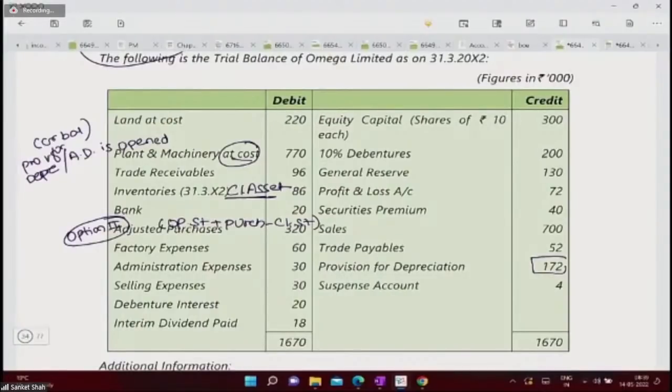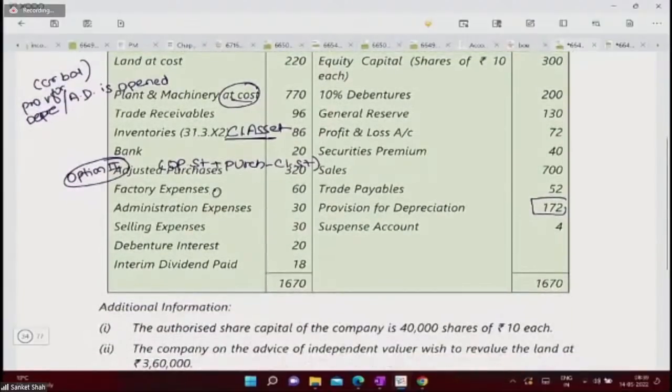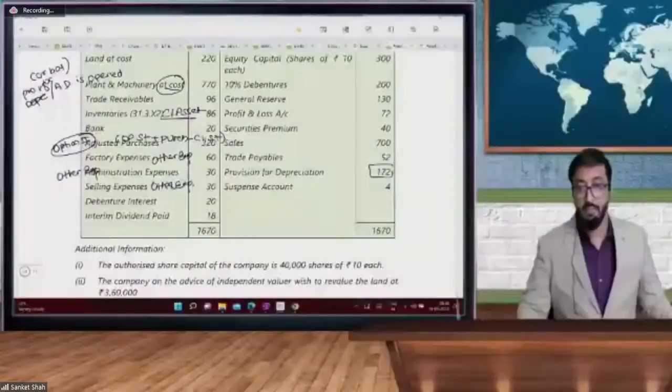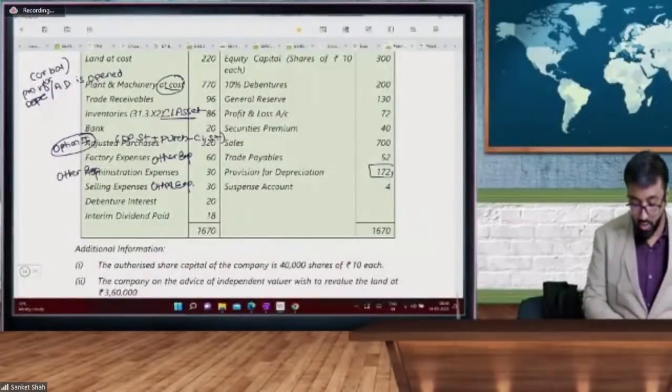Then third one, factory expense will be shown under the head other expenses, and selling expenses also shown under the head other expenses. Write down. I will tell you this. We will present the P&L account also.